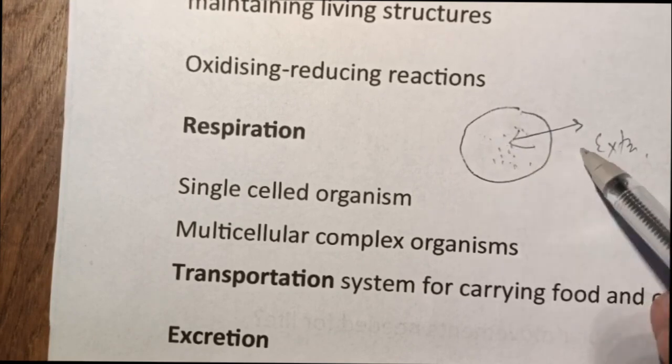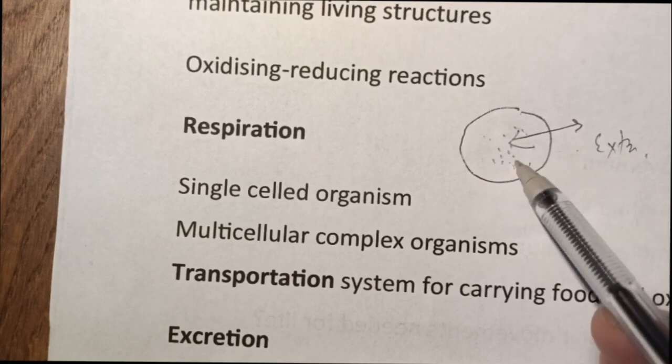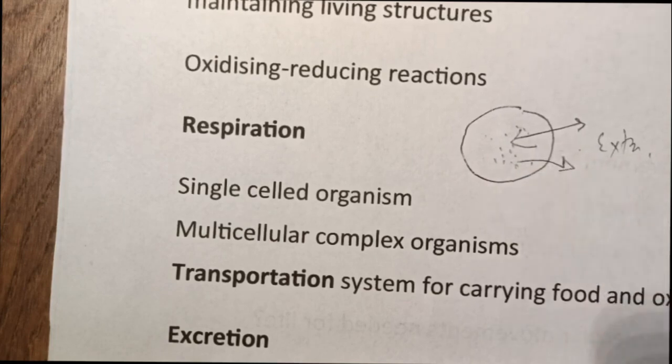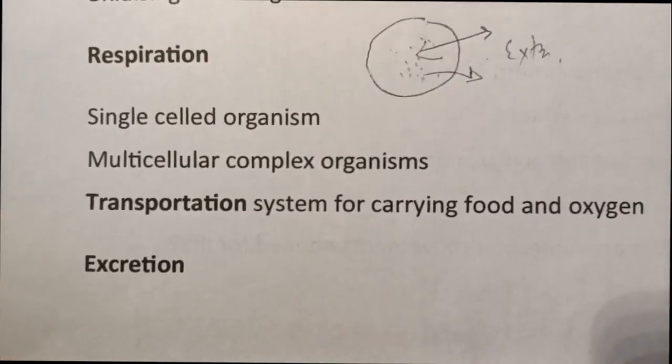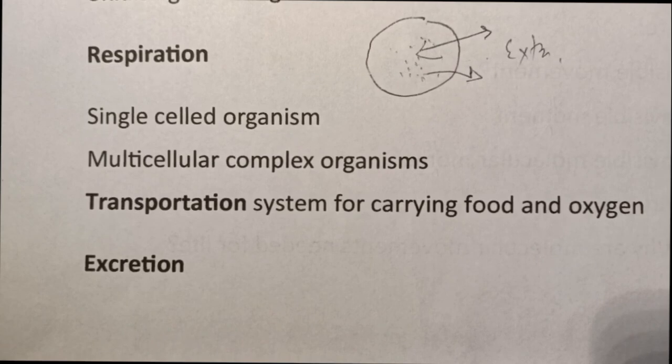The food products, they cross directly, and the waste products are excreted out directly. But in case of multicellular complex organisms, they have specialized systems to carry out these functions, and all these systems are located inside the body of a complex living being like a human being.